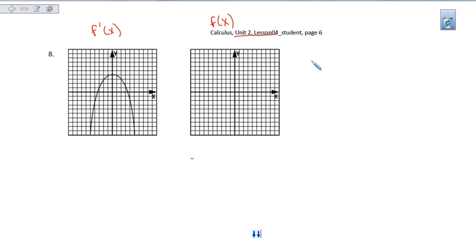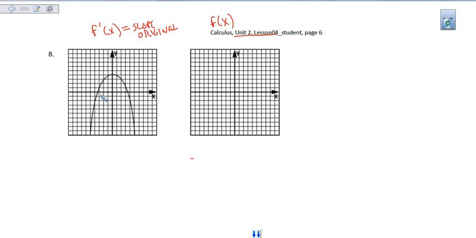So what do we notice is, let's just go ahead and identify a couple of key spots. Remember, the derivative is equal to the slope of the original function. So that's kind of important.